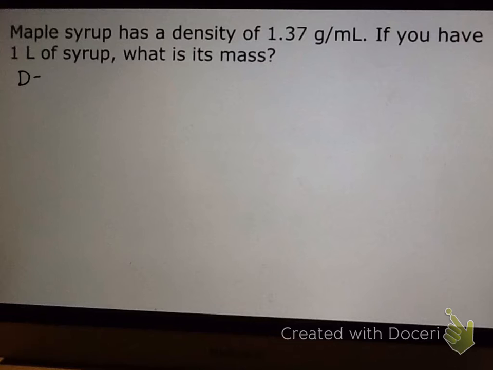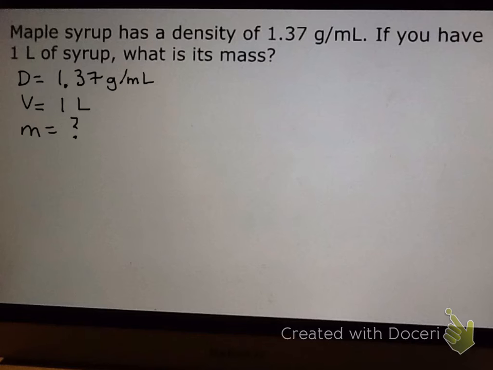I want to find the density, volume, and mass. So we know the density is 1 37/100ths of a gram per milliliter, and that the volume we have is 1 liter. Our challenge is to try and find the mass.